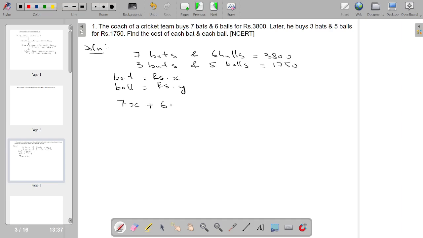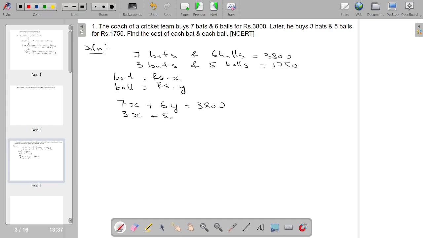What is the price of a ball? Y rupees. Is equal to what price? 3800 rupees. In the same way, later he buys 3 bats and 5 balls at 1750 rupees. 3 bats, the price of each bat is X rupees.